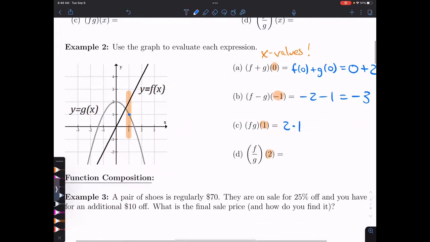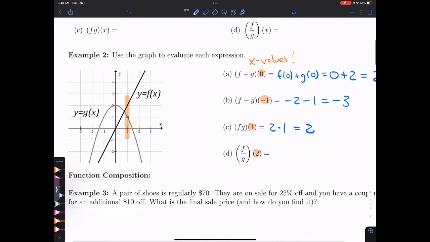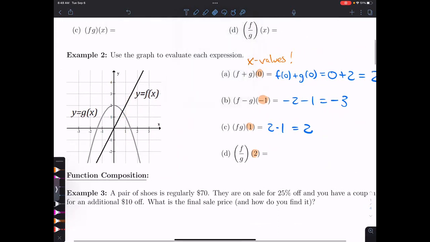So 2 times 1, 2. All right, and then last one, f over g when x is 2. Here's x equals 2. F divided by g, well, what's f? 4, and g is -2, and 4 divided by -2 is -2.